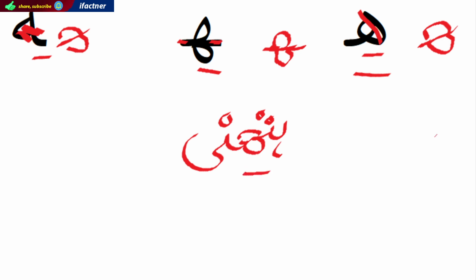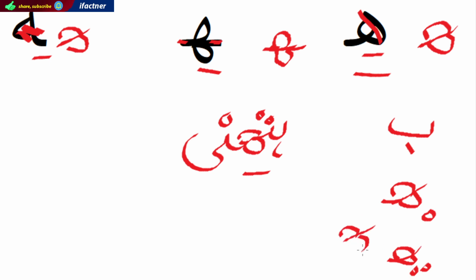Now you see that to make aspirated sounds we use this Do Chashmi Hey with the other letters. So to make the aspirated sound of Be, which is usually Ba, Bi, Bo, to make Bha we write Be Hey ki bani Bhe like this, or Pe Hey ki bani Phe, Thappar, etc. And Te Hey ki bani The.